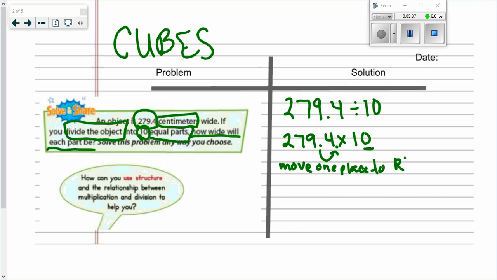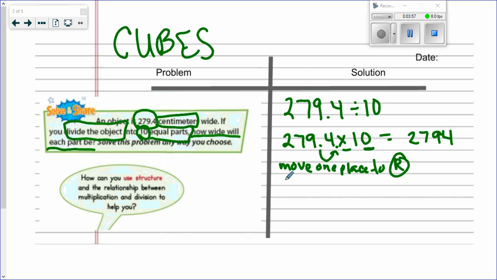I'm just going to use a big capital R to signify right. When I do that, I know that I would get the whole number answer of 2,794. Now that's not what this question is asking me, but I know when I multiply, I'm moving my decimal place to the right, that one place value that the 0 is showing me in 10.